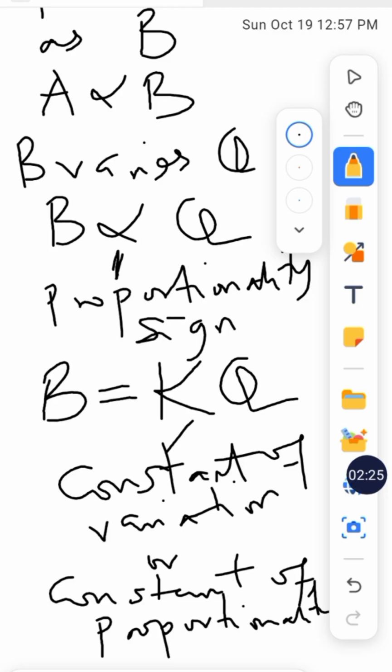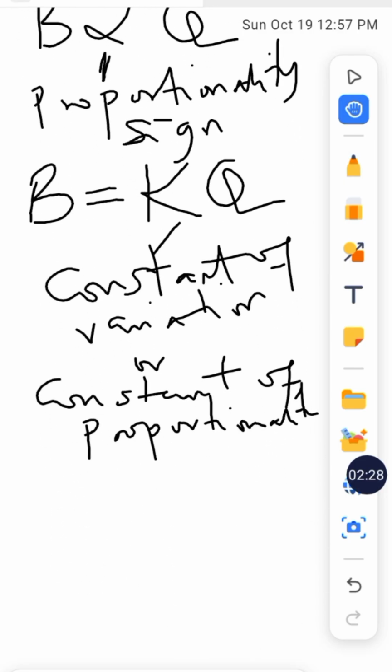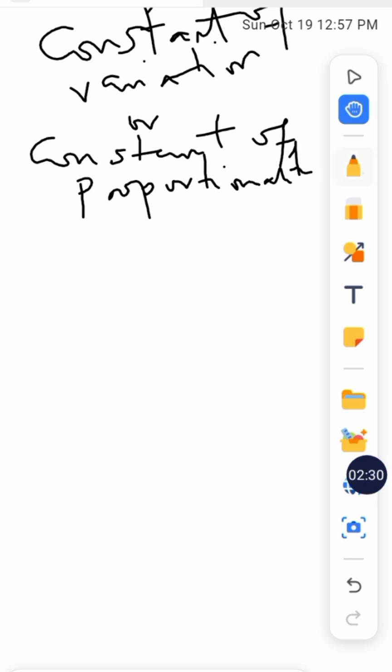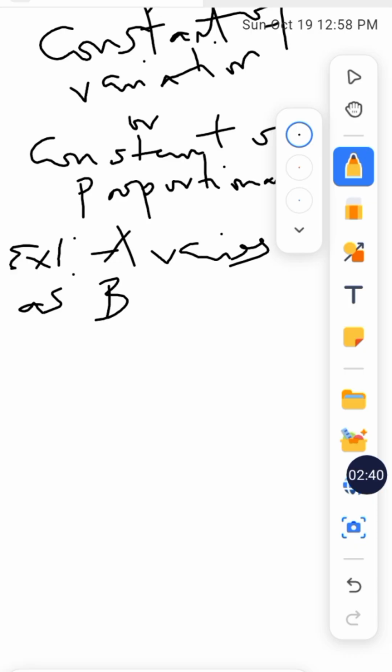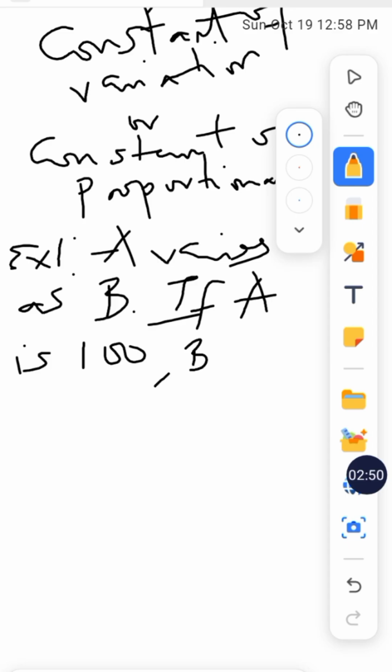Okay, so let us see a full-fledged question in direct variation. Example 1. A varies as B. If A is 100, B is 200. The very first question requires you to find a relationship.